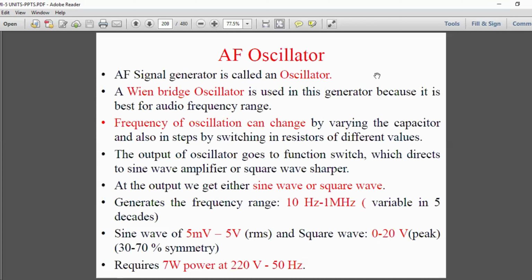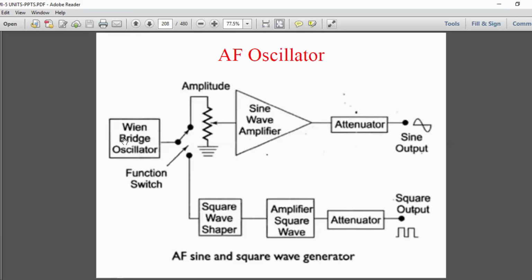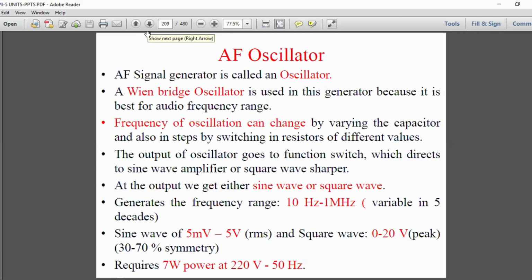Coming to the explanation, the AF signal generator is basically an oscillator. A Wien bridge oscillator is used in this generator because it is best for audio frequencies.